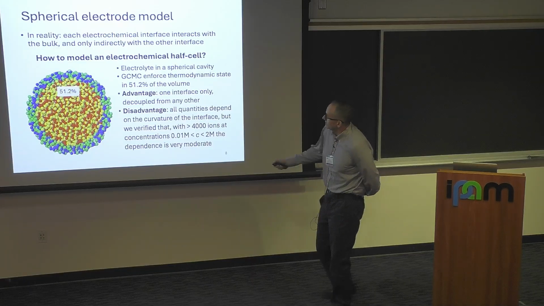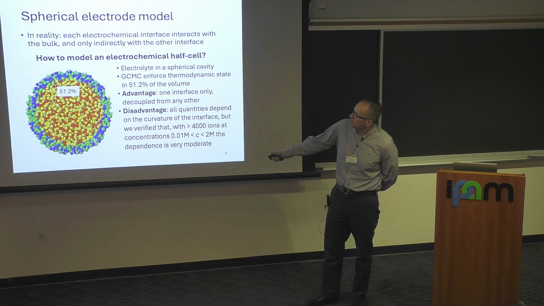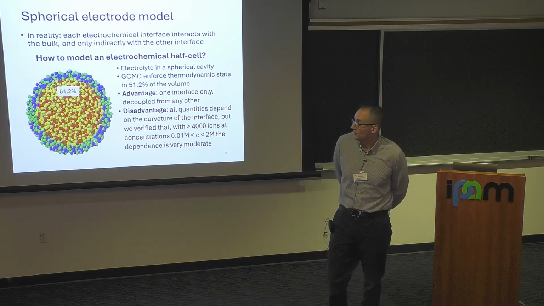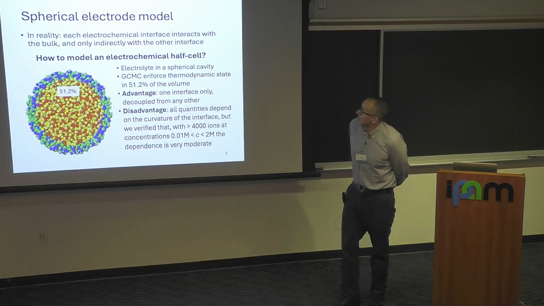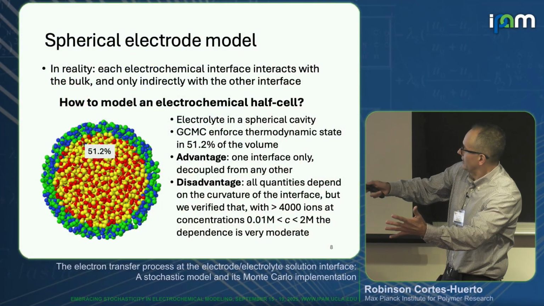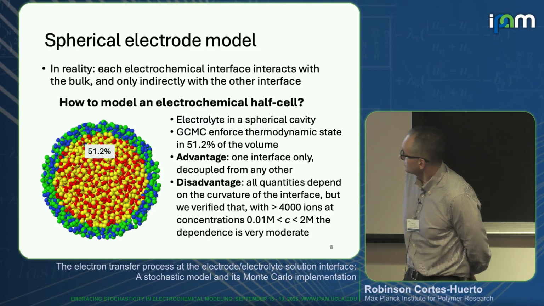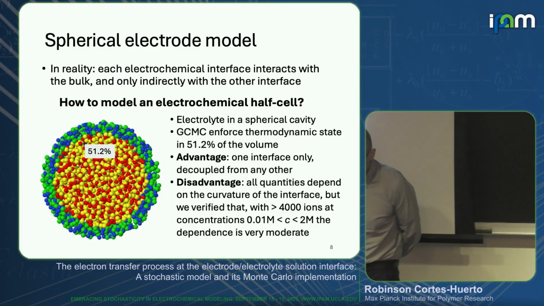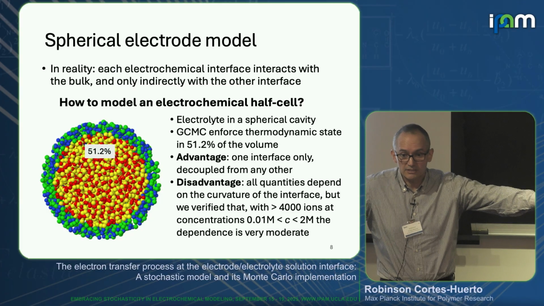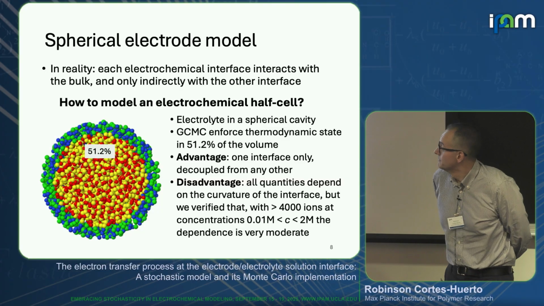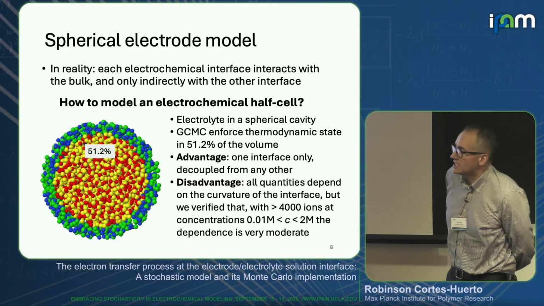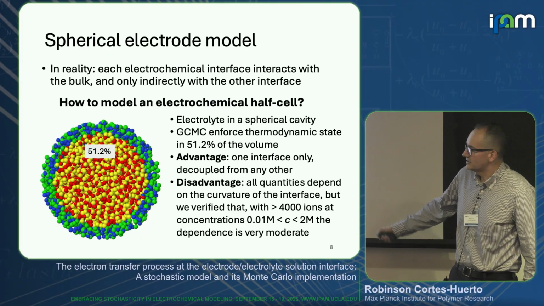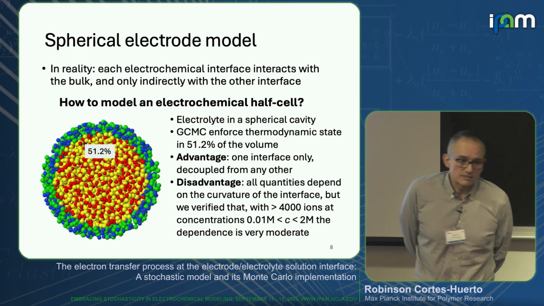We perform the grand canonical Monte Carlo steps in this region, which corresponds to 50% of the volume of the half electrochemical cell. The advantage of a method like this is that we have only one interface, and we decouple from any other interface that might give us some artifacts. The disadvantage, of course, is that all quantities depend on this curvature. But we have verified that under certain conditions, this dependence is very small.